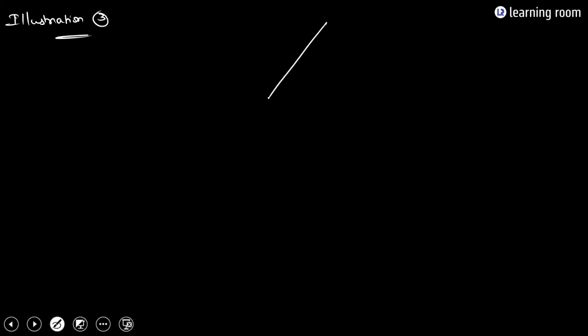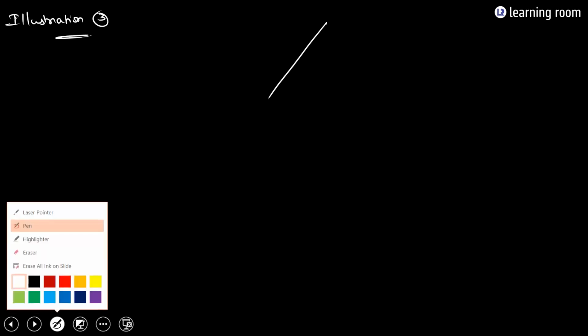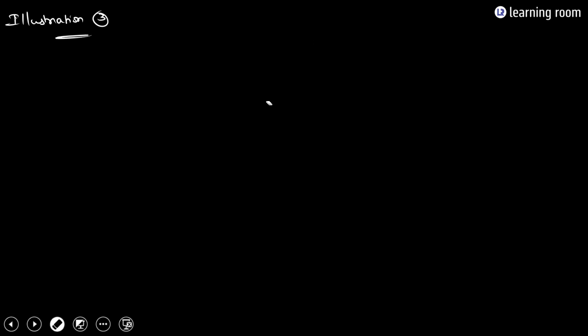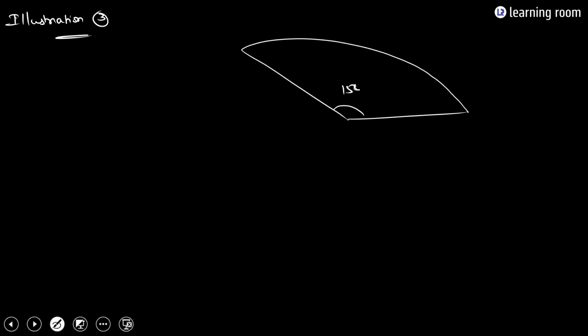So there is a sector which is cut from the circle, so that the angle of the sector is 150 degrees. The radius is 21 centimeter. Here also you have 21 centimeter. Find the length of its arc and area.